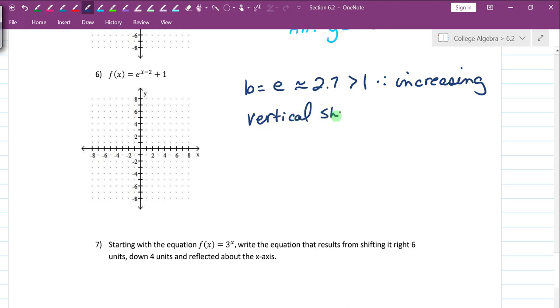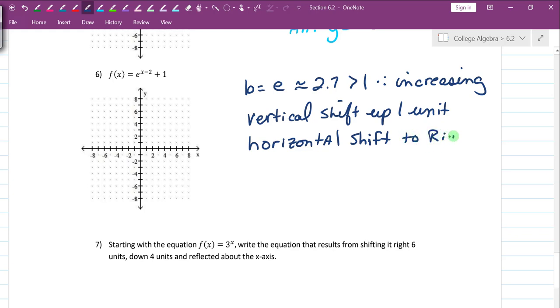Vertical shift up 1 unit. That's that right there. And then x minus 2 becomes x plus... a shift to the positive right. So I have a horizontal shift. It's -2, so it's going to be to the right 2 units because x always lies to you.